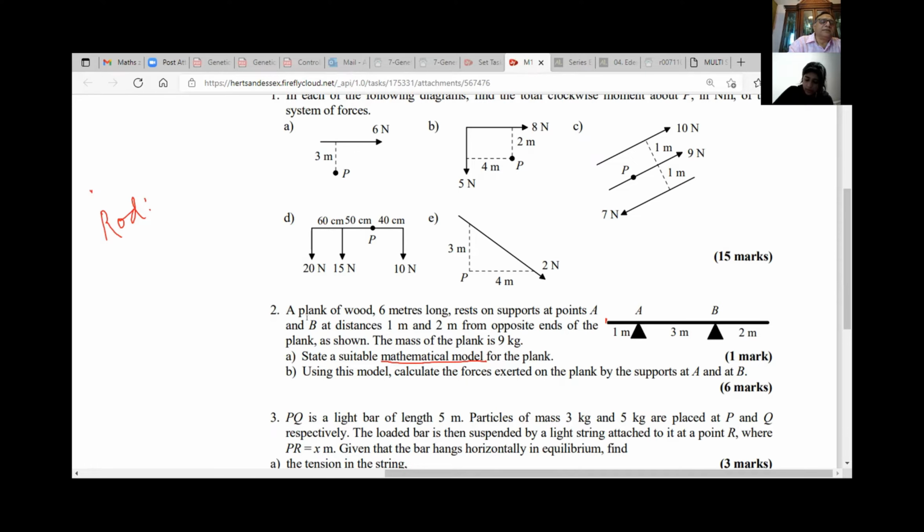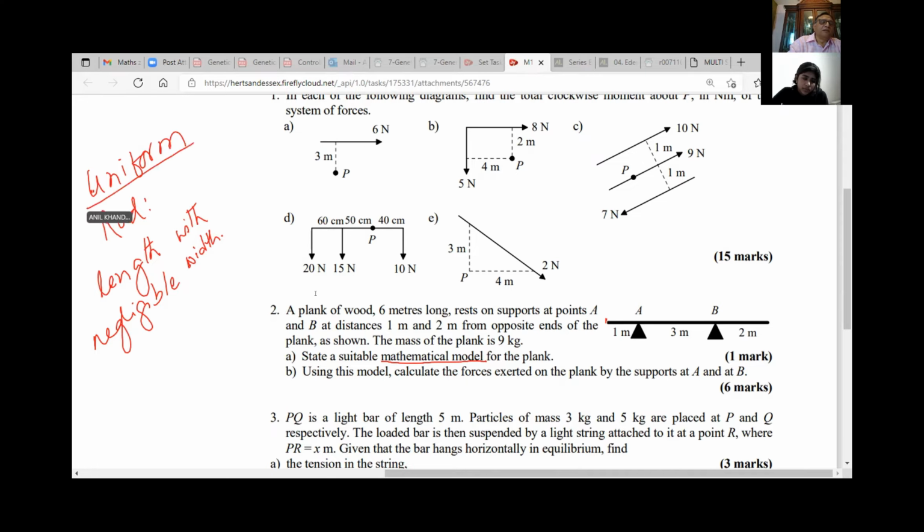Rod basically means it has a length with negligible width. Mass is there, but we say uniform.